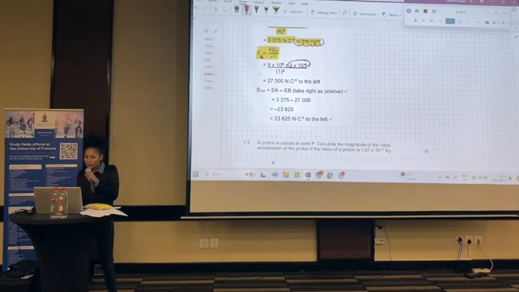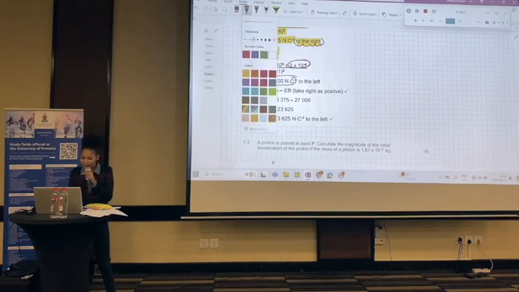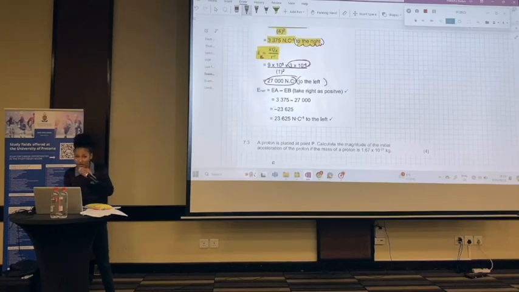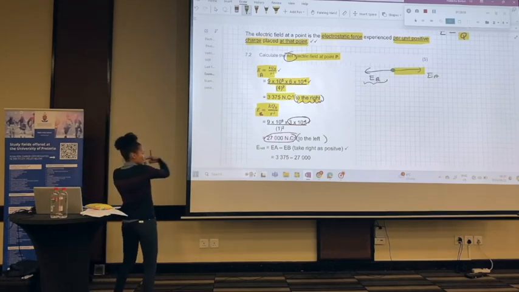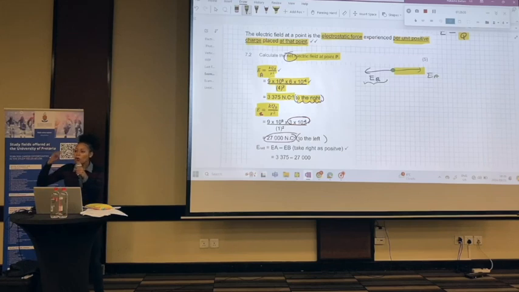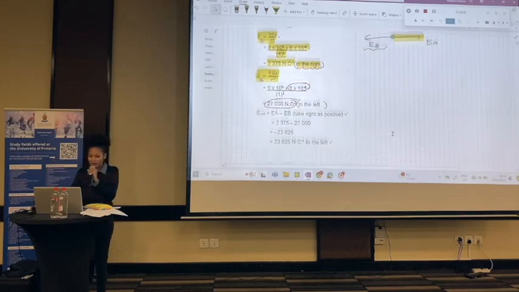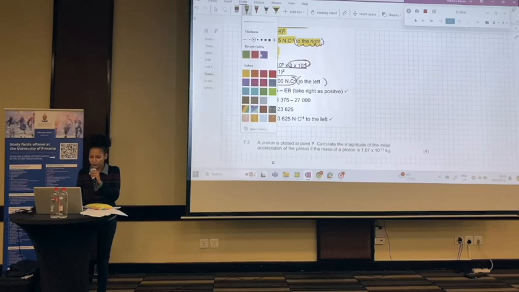Out comes a positive answer in newtons per coulomb. So where does this direction come from? It isn't for marks right now, but it comes from the diagram we drew at the top, showing that the electric field due to B is towards the left. All of the work so far has been scalar work.